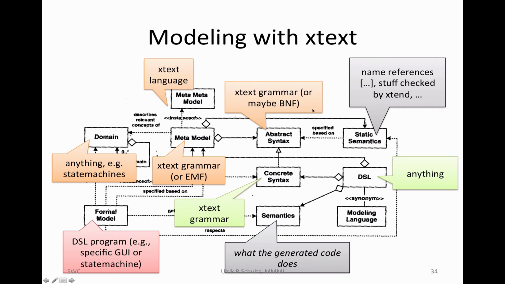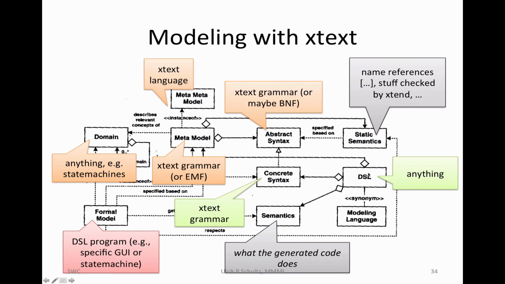Typically, this is a BNF kind of thing. The concrete syntax is then what the syntax really is. So for the state machines, we could have an abstract idea of what the syntax should be, but when we implement it in Xtext, we get the concrete syntax. So with Xtext, we typically don't make the difference, but if I was to write a BNF on the blackboard, that would be the abstract syntax, and the concrete syntax would be Xtext.